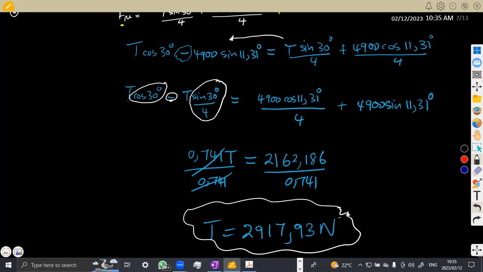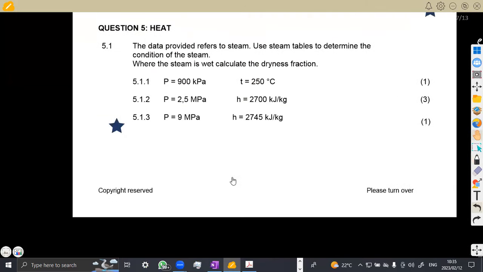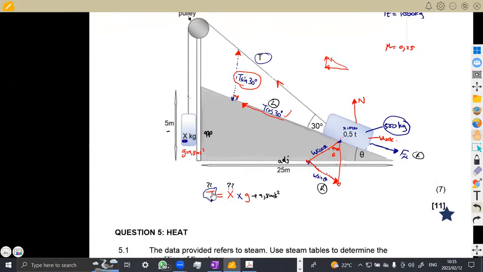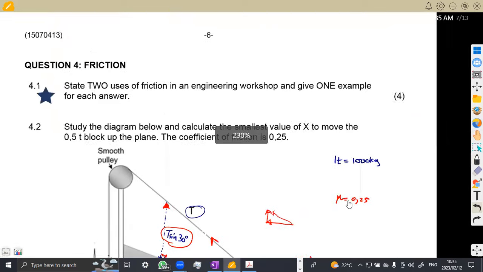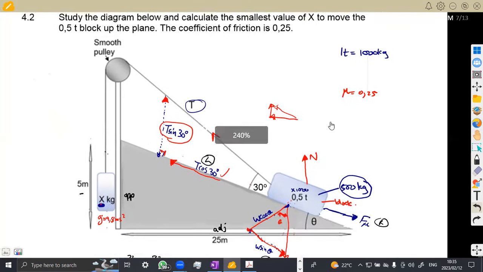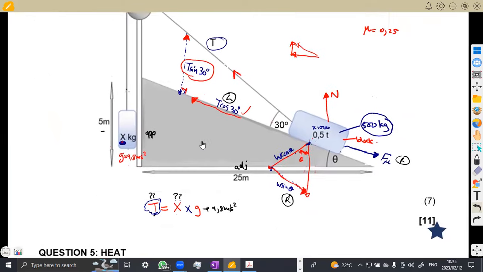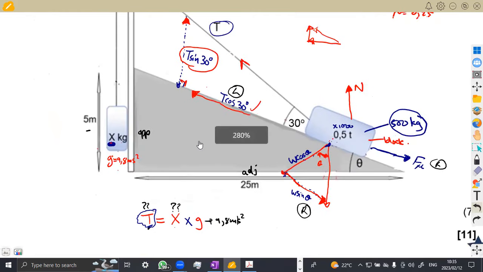Taking this value of t, we are now referring back to that equation that I showed you before. Remember, this was the equation: x multiplied by g should give us t, or t is equivalent to x times g.